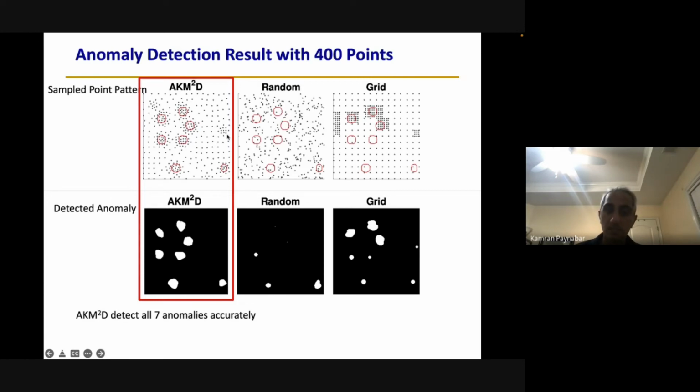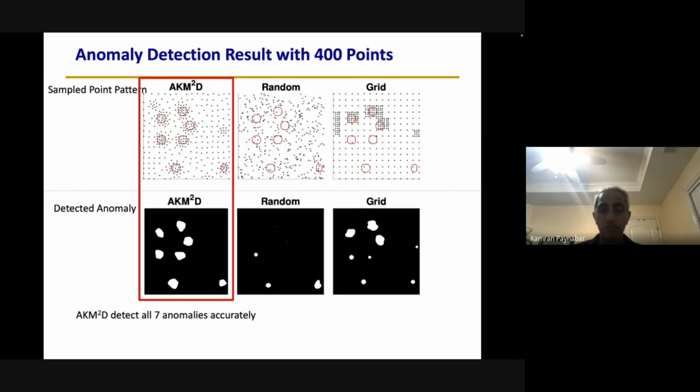Interestingly, for the area that we oversampled as a false alarm, our algorithm, after doing the analysis, says there is nothing here. So although we wasted a little bit of samples here, it didn't impact the anomaly detection part, okay? Random, as you can see, can only detect 3 anomalies, but cannot reconstruct the shape. The same thing for grid. Grid can reconstruct the shape of only 3, but misses the rest, okay?